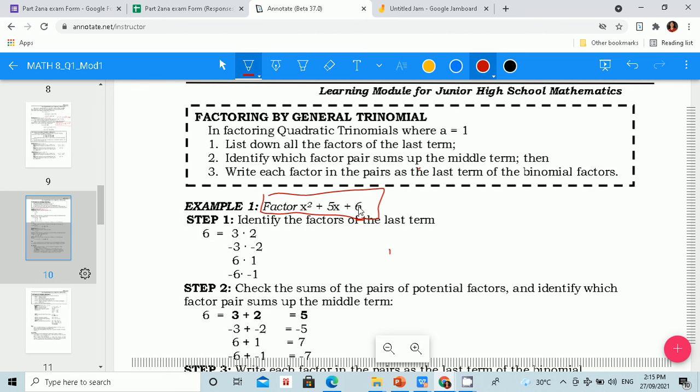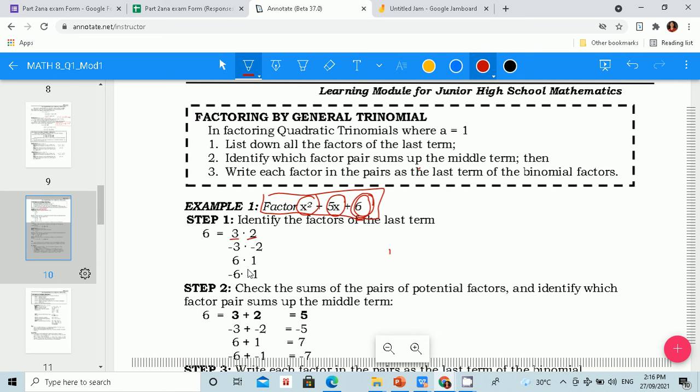Okay, so class, this is your first term, second term, and third term. The last term is 6. What is the factor of 6? The factors of 6 are 3 and 2. 3 times 2, that is 6. Or we also have the negatives, negative 3 and negative 2, and 6 times 1.